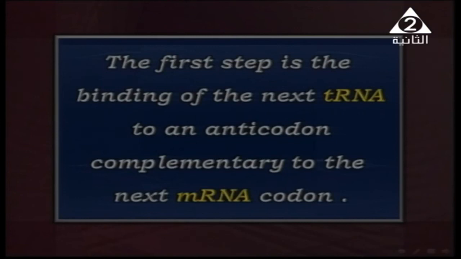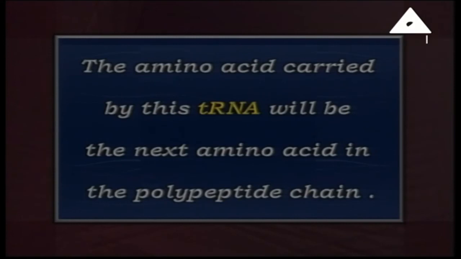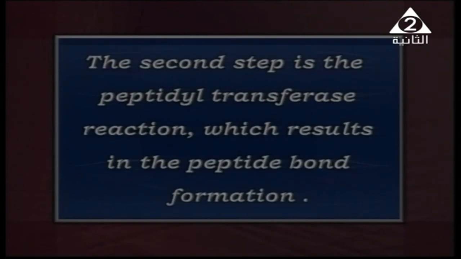The first step is the binding of the next transfer RNA with an anticodon complementary to the next messenger RNA codon. The amino acid carried by the transfer RNA will be the next amino acid in the polypeptide chain. The second step is the peptidyl transferase reaction, which results in peptide bond formation.